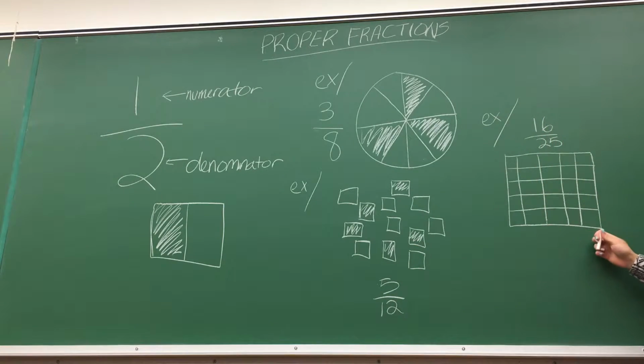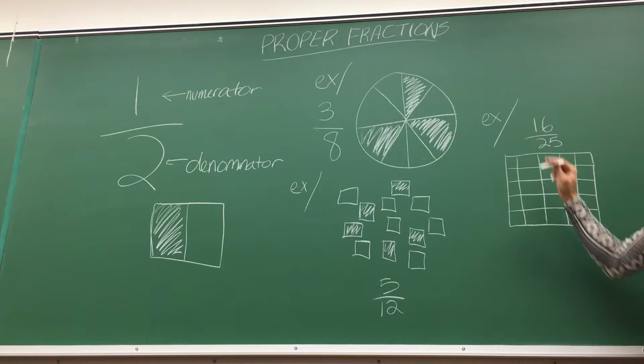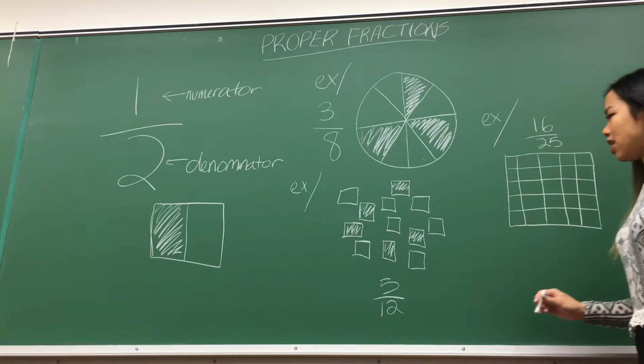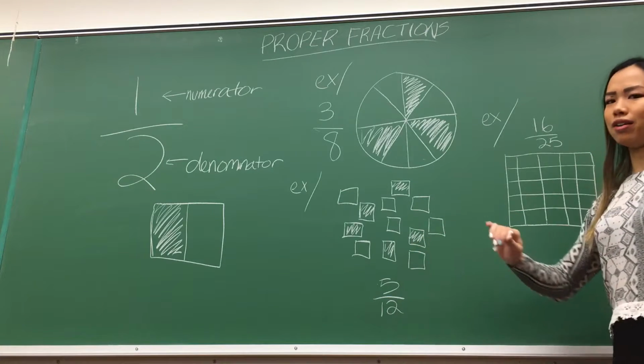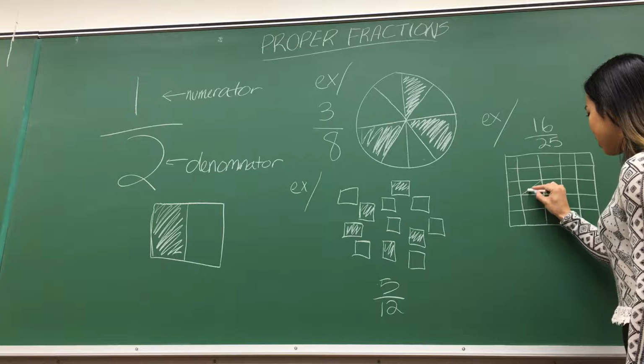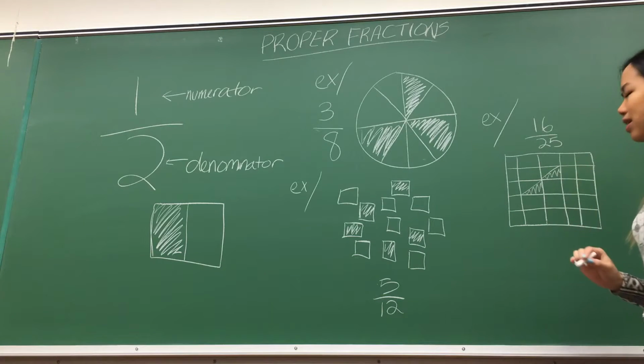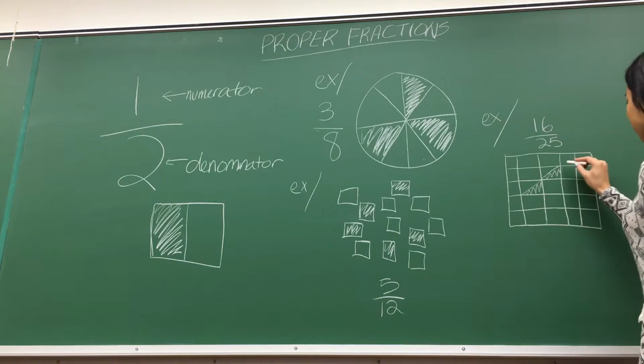Let's look at this last example. I have 25 equal squares in here, and they want me to shade in 16. Now, we don't always have to shade in the full square like we did here. I can shade in half squares like this. That's a half. This would be 1. So I need 16 of these.